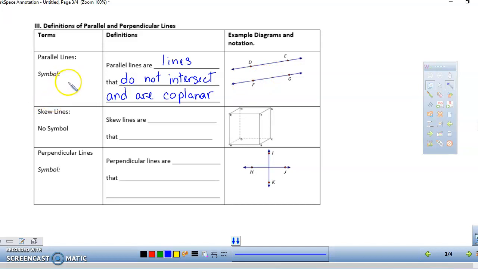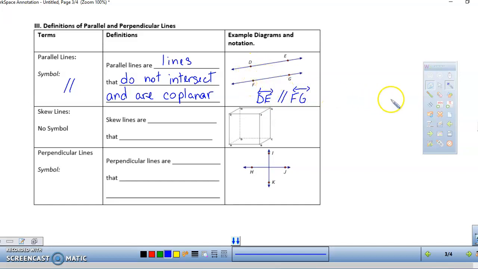Okay, the symbol for parallel is sort of this tilted 11. Okay, so in this picture, if we were given the fact that these are parallel, the statement we could write is line DE is parallel to line FG.